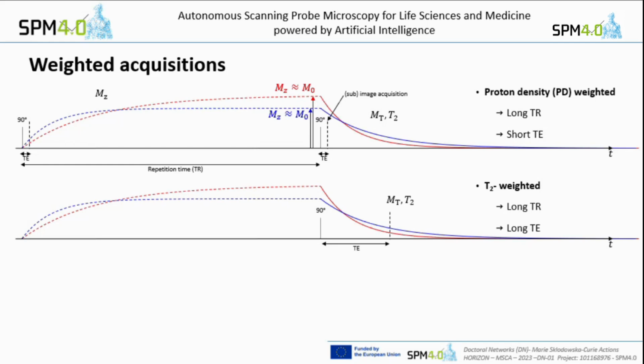Are there any questions on this? For an external contrast agent, what property is better to have, a T1 or a T2? I don't know exactly. What do you know about contrast agent in MRI?